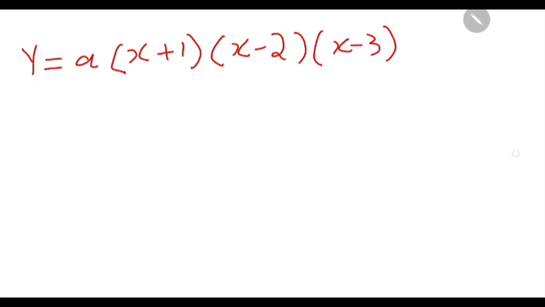So now we need to first solve for a here. We got a given point which is (1, 12). So the x is 1, and the y value is 12. I'm gonna substitute x = 1.